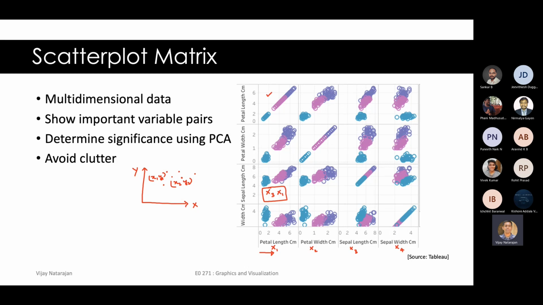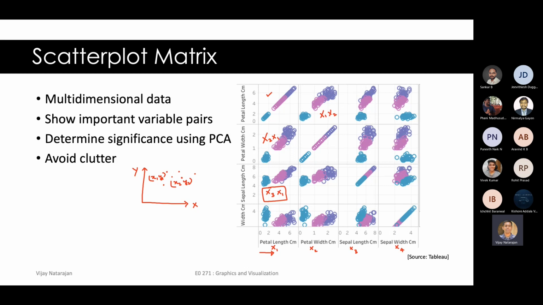This matrix is also symmetric, which means that the entry here shows x2, x1, which is the same as the x1, x2 entry. So there is no need to show redundant information. So oftentimes this visualization is modified to show something different.